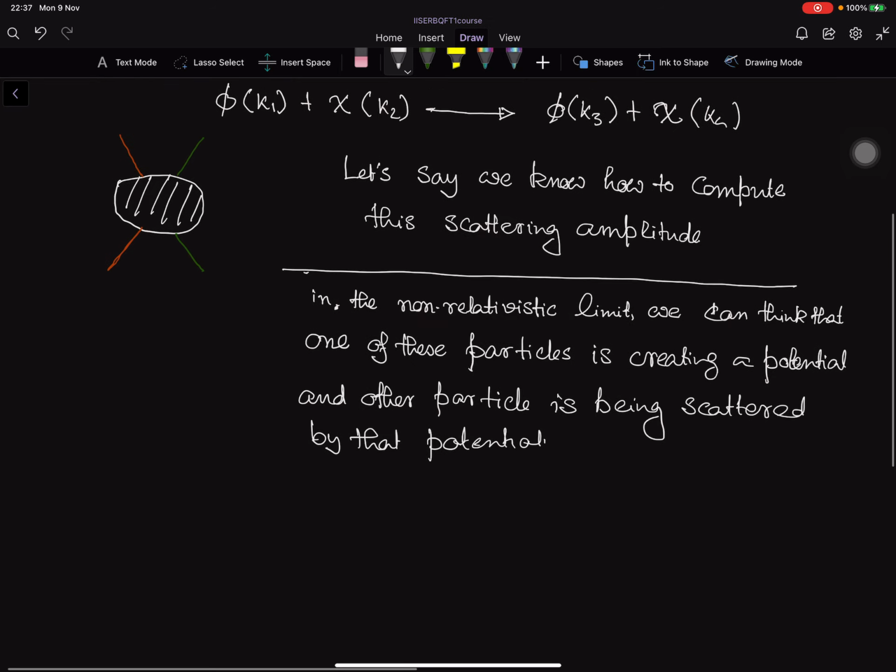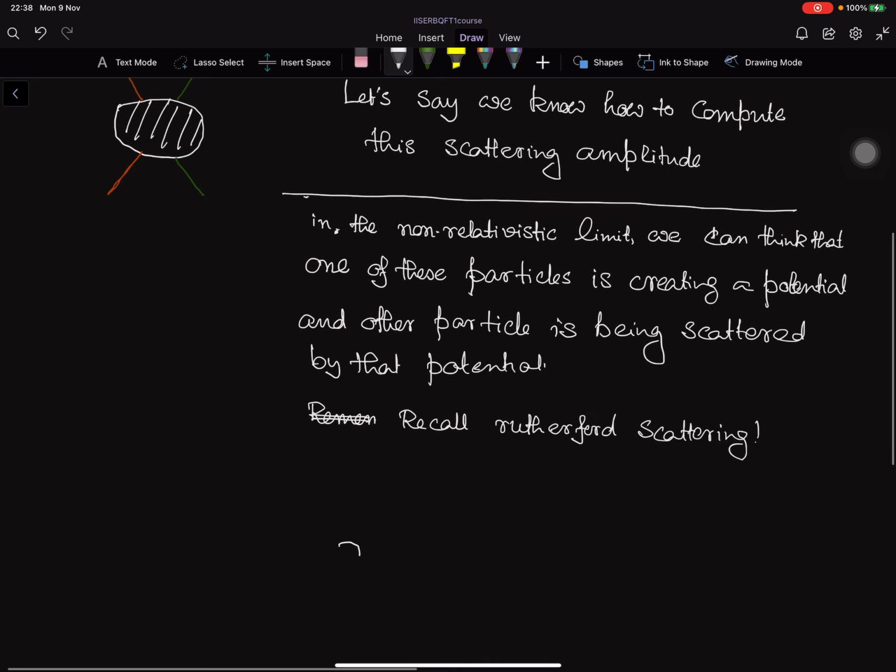Just remember the case of Rutherford scattering, where there was some heavy nucleus sitting here, and then we were throwing electrons and they were being scattered.